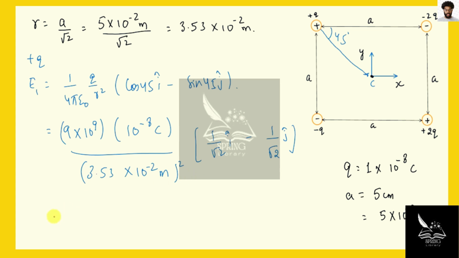So we're going to simplify this and we'll get 5.091 i cap minus 5.091 j cap.